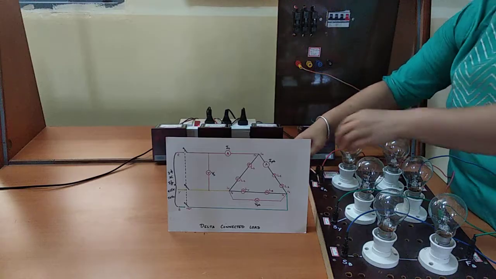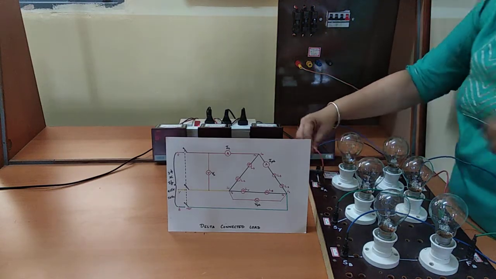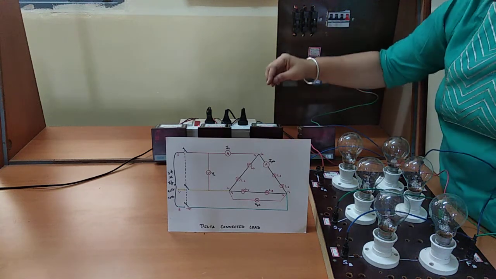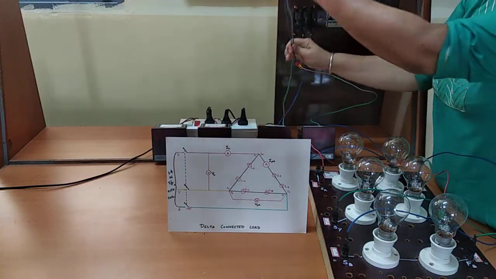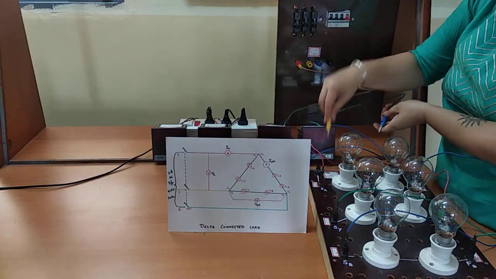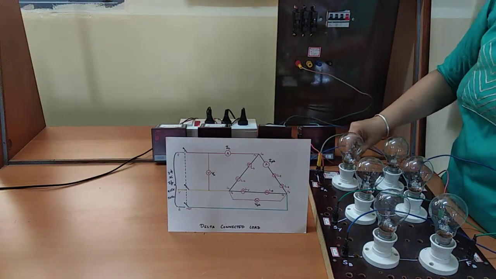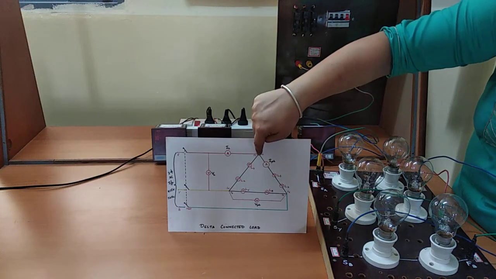That is this point. Then I take another ammeter and connect it at these points where we have the provision to measure the phase current. And then the delta connection is already done.